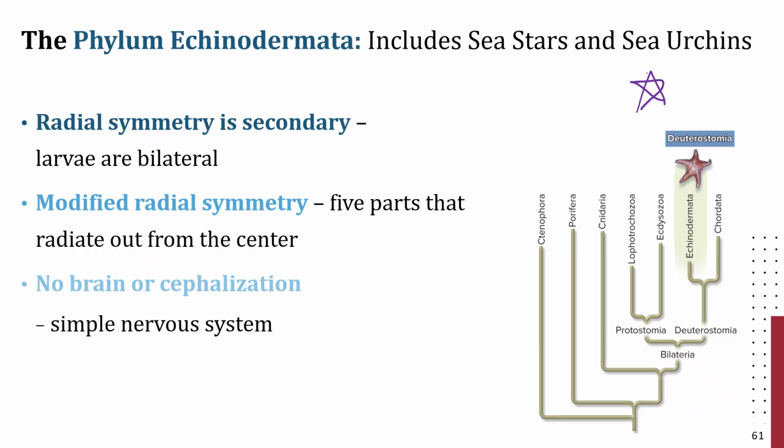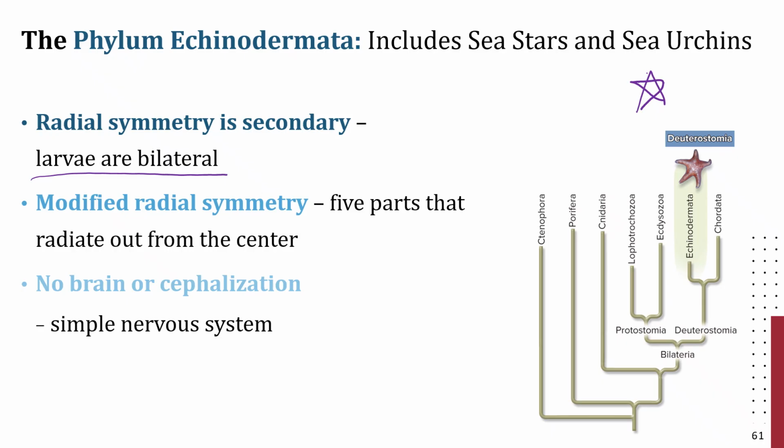It turns out, if you follow the lifestyle, that the larvae are bilateral, which is why we put them into the bilaterians. The radial symmetry or modified radial symmetry that comes up is a secondary feature. So as those larvae develop, they switch from bilateral larvae to radial structure. They have a modified radial symmetry, so they have 5 points.